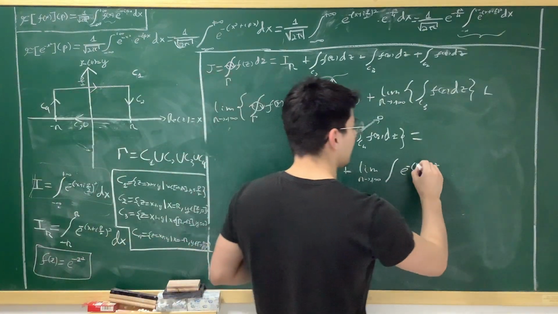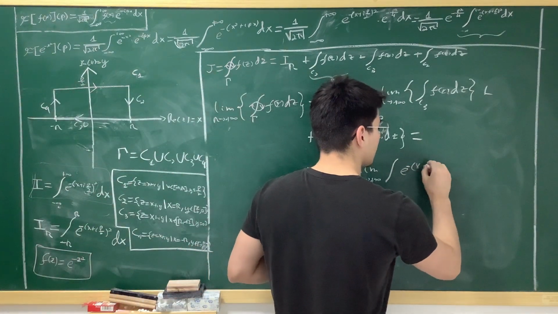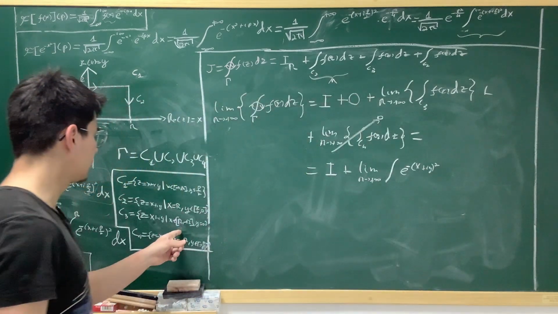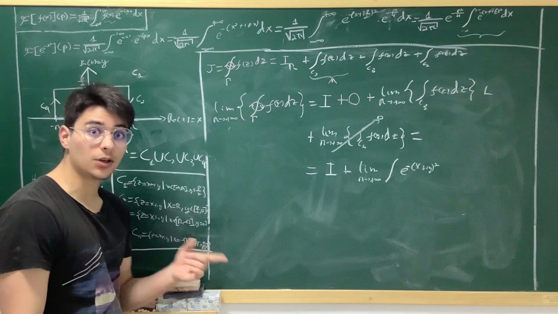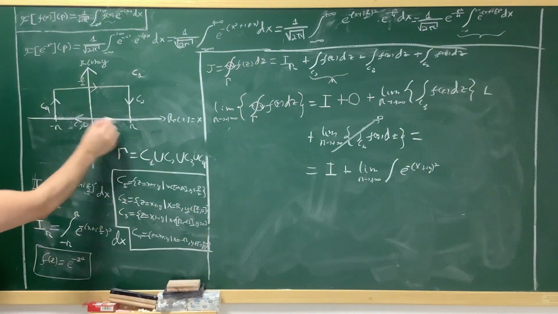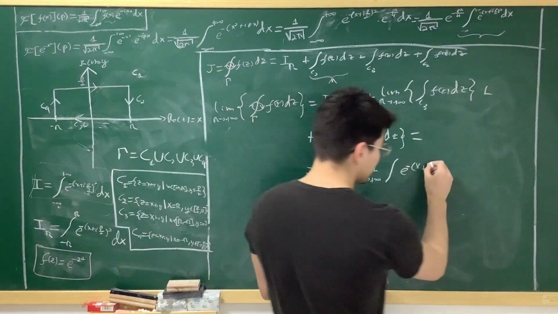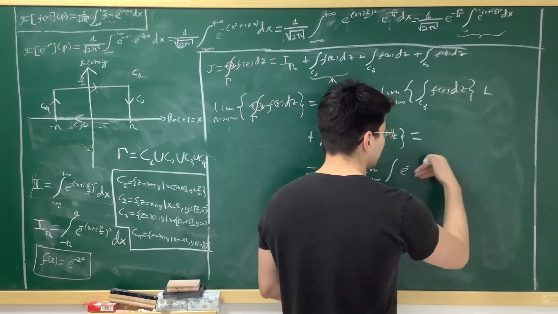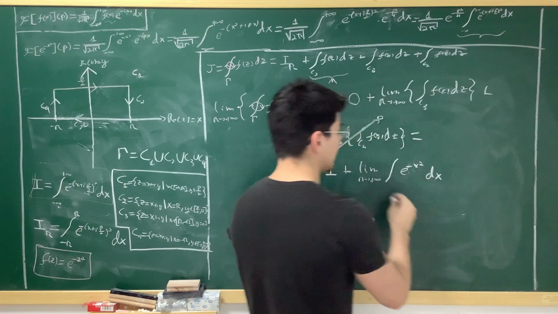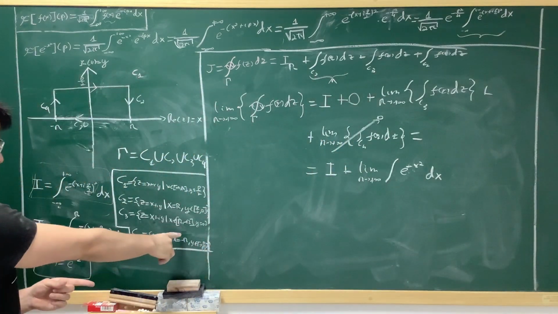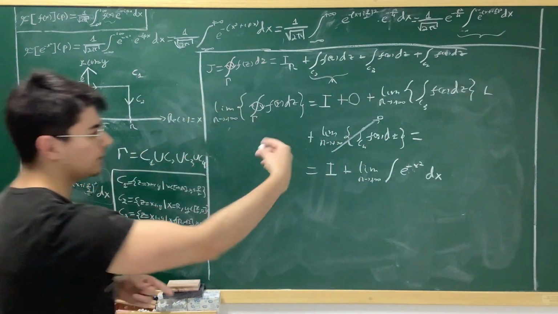Plus iy, but y is just 0 always, right? Because it's along the real axis. So this goes to 0, and we can just write e to the minus x squared dx. And x goes from positive r to negative r.